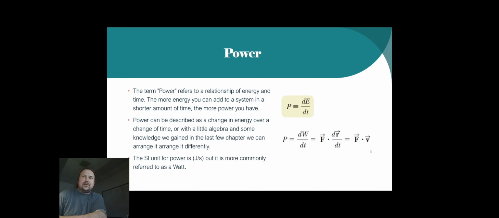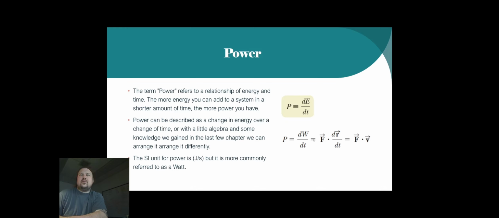We have a couple of different ways that we can formulate this equation, and we can use a little bit of algebra to arrange it differently. We gained it in the last few chapters and arranged it differently. If change in energy is just the same as work, we can look at work over time.